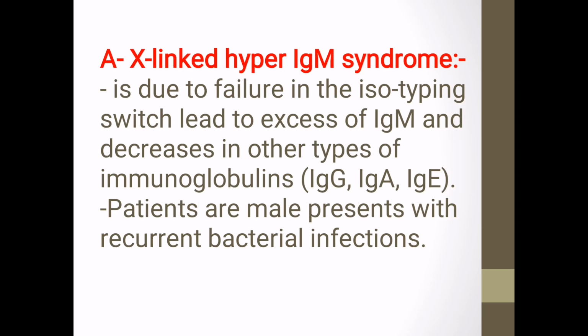So this leads to excess of IgM and decrease in other types of immunoglobulins, because there is deficiency in IgG, IgA and IgE. Patients are males because it is X-linked, and patients present with recurrent bacterial infection.